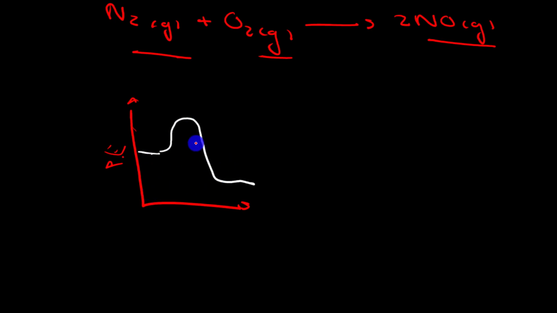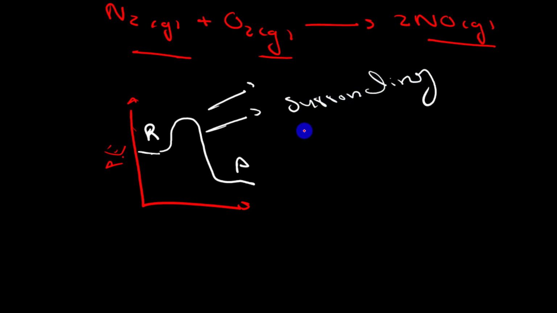The reactants have more energy, but the product doesn't have the energy that the reactants had, right? Why? Because while this reaction is happening, it releases energy to the surroundings. These kinds of reactions are called exothermic reactions.